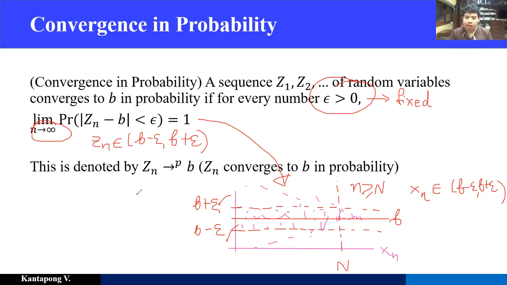So it is a different concept, but we can find similarity between convergence of a sequence and convergence in probability, though we cannot say it exactly like this because Cn is a random variable. We can use the shorthand notation: Cn converges to b in probability.